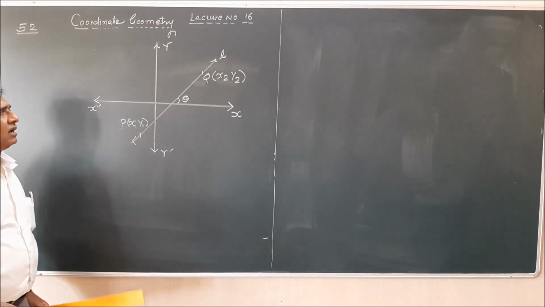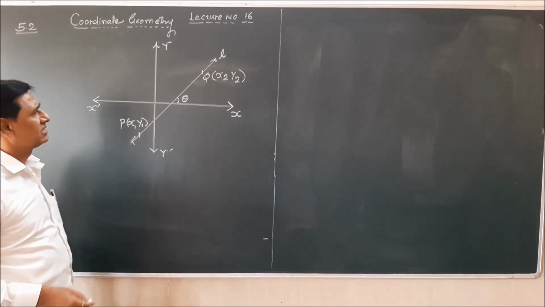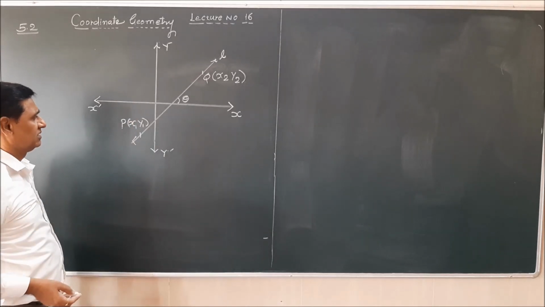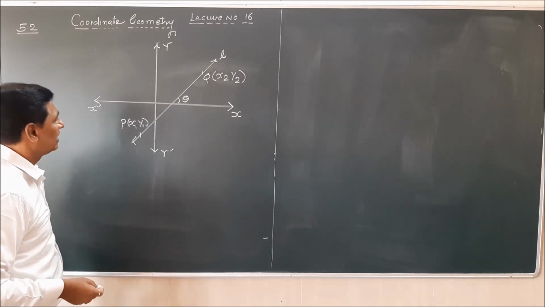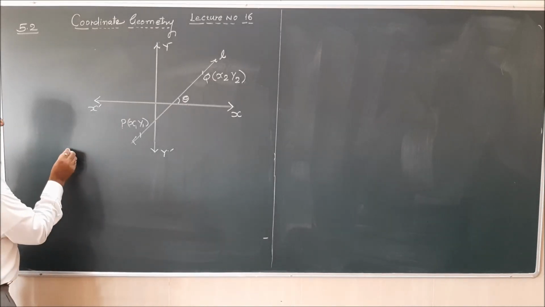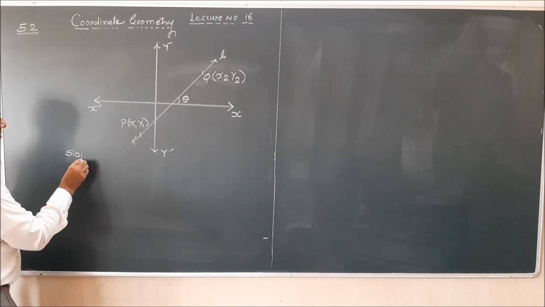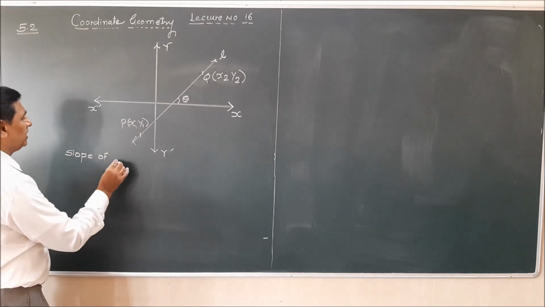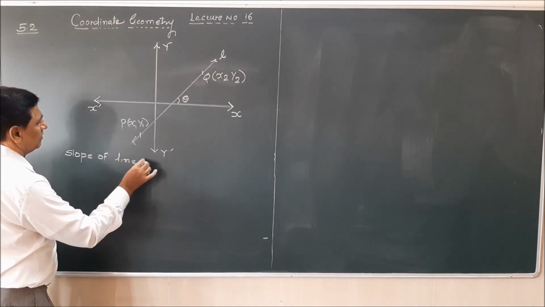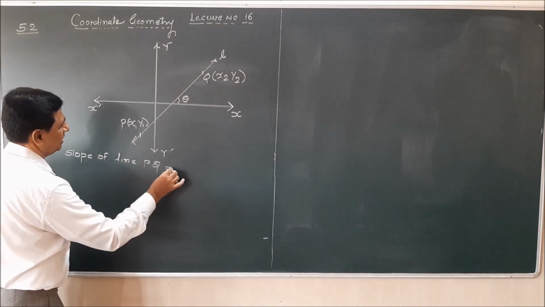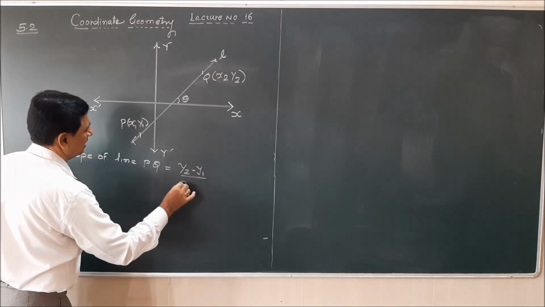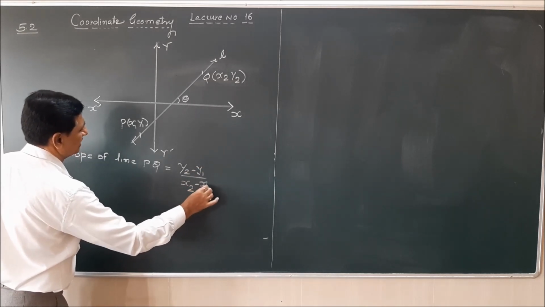Whenever any line makes an acute angle with respect to the x axis, then you will get the slope of line PQ is equal to y2 minus y1 upon x2 minus x1.